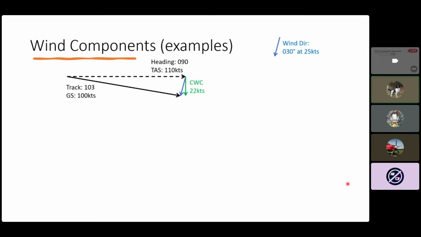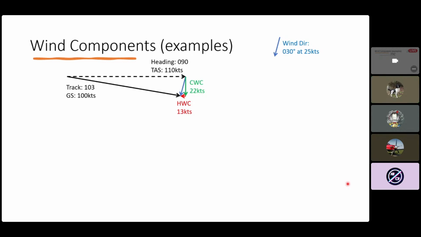The crosswind component is 22 knots. But there's only a small difference in true airspeed versus ground speed because of the angle of the wind relative to our heading, we've got a very small headwind component.